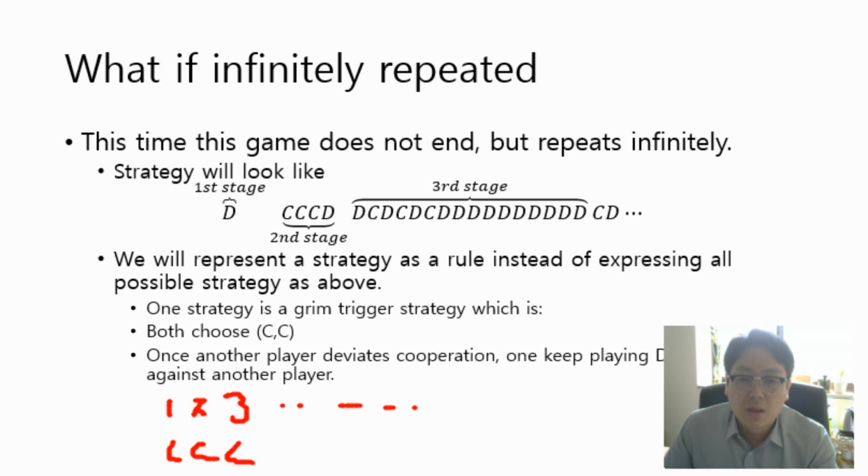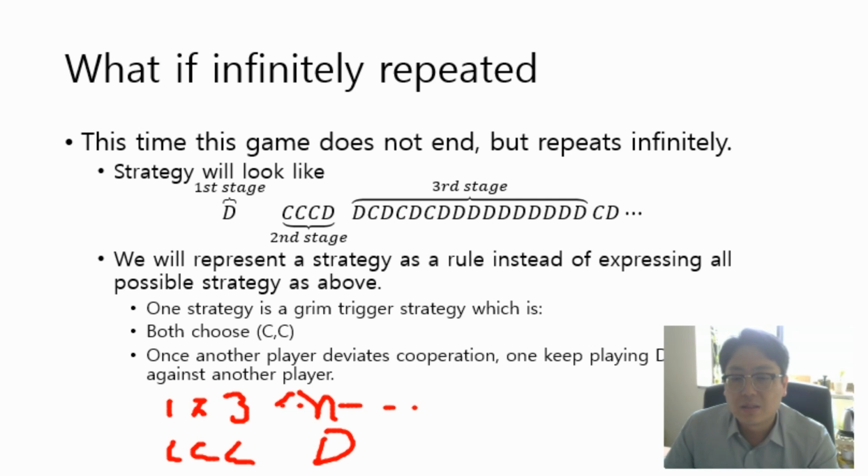If one player decides to betray, so that they choose D, then because one player is choosing D and the other is choosing C, the player who chooses D will get a lot of payoff.